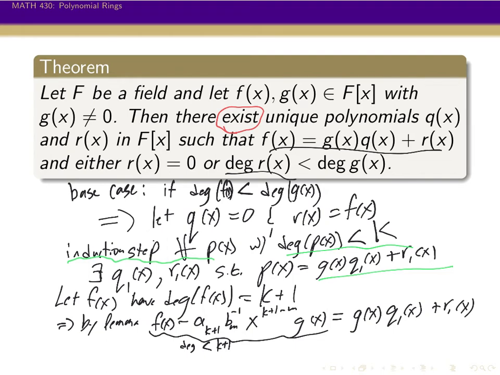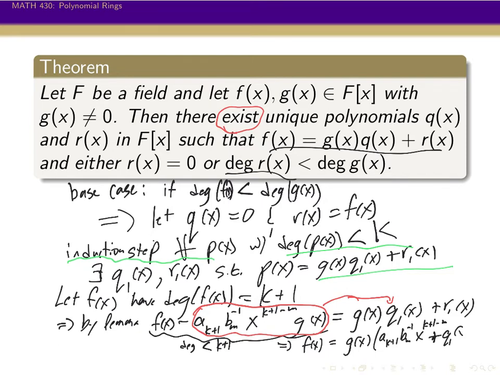And now we can just take this term, flip it to the other side, and rewrite this as f of x is going to be g of x times a sub k plus 1, b sub m inverse, x to the k plus 1 minus m, plus q1 of x, and then with our same remainder as before.